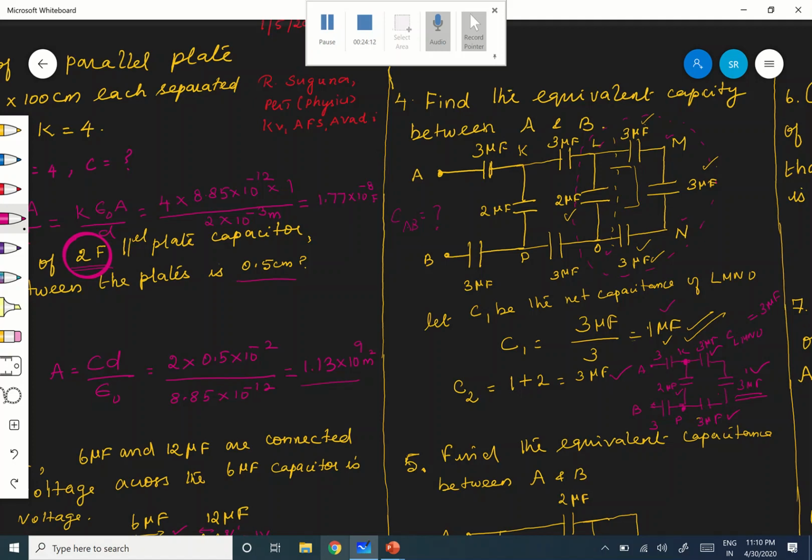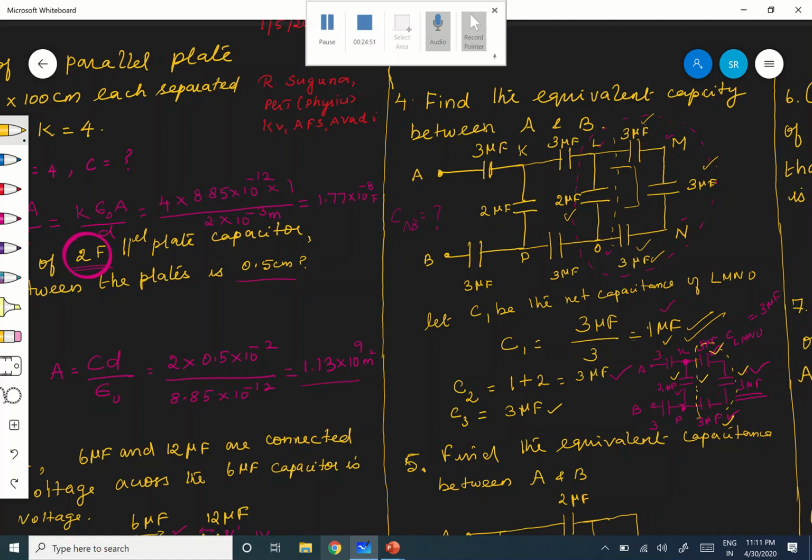The total will be C3. Let it be C3. This means C3 is equal to 3 microfarad, 1 plus 2. 3, 3, 3 will be 1, and that 1 and this 2 are parallel, so total will be 3. That is C3.